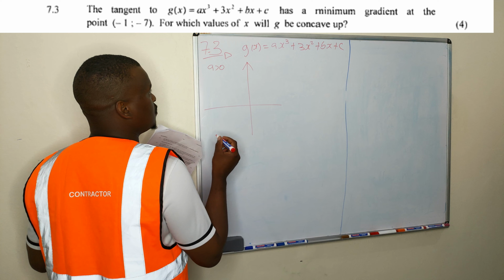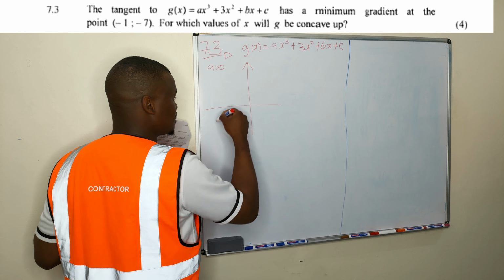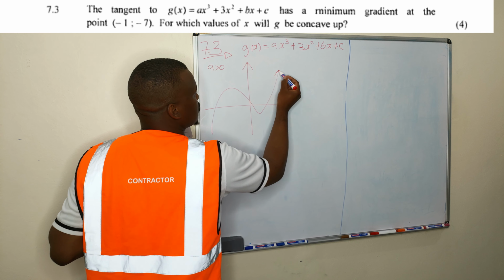This is what they said. So let's say your a is greater than 0. So the shape of your function, just the shape, doesn't mean it's exactly like this. Something similar to this.